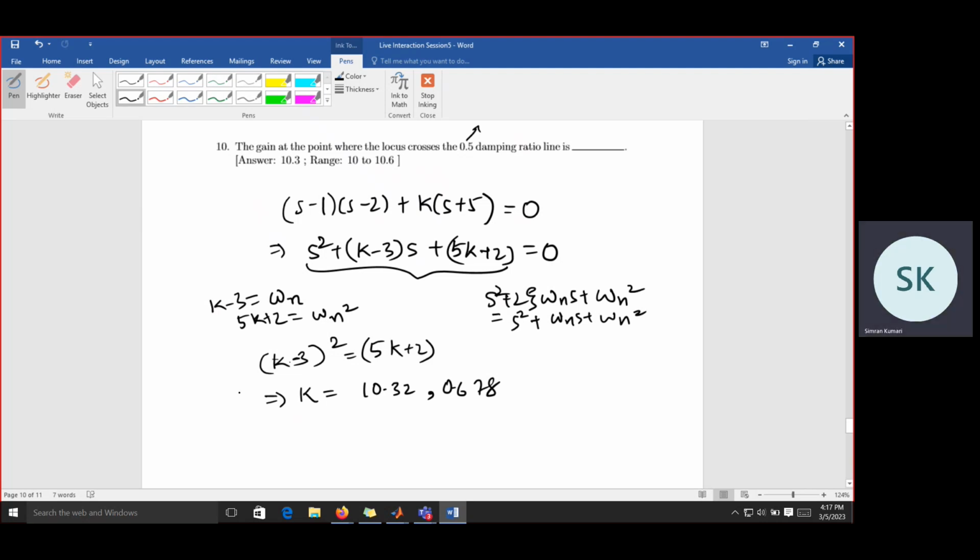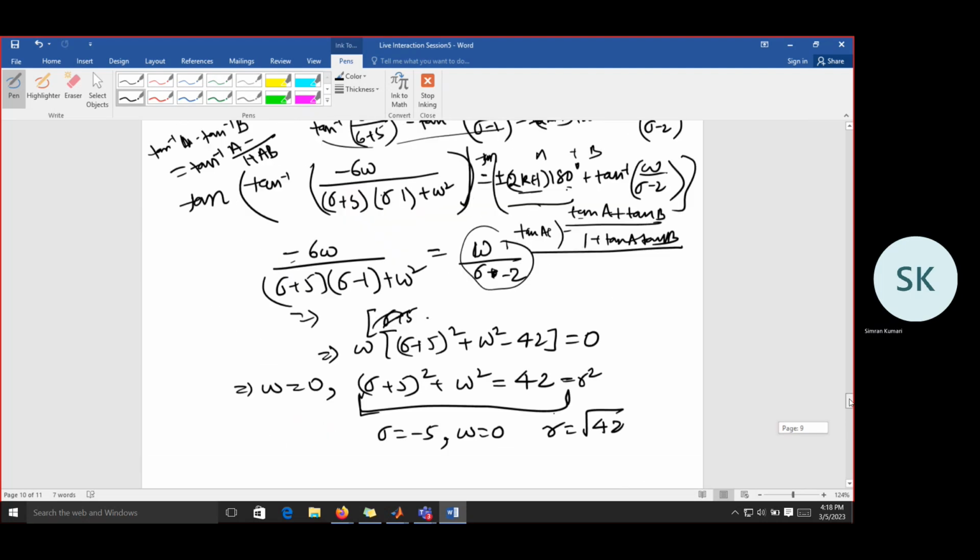Now for one of these values of k, the root is in the right half plane, so we are not concerned about this. The value of k at which we get zeta equal to 0.5 is 10.32.